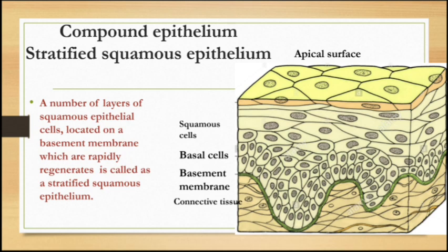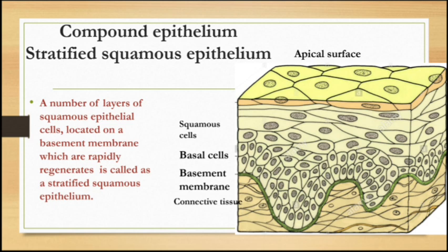Then the last type of epithelia in your syllabus is compound epithelium, stratified squamous epithelium. In this diagram you can see several layers of cells in squamous shape, but the basement membrane contains the first cell layer as basal cells.